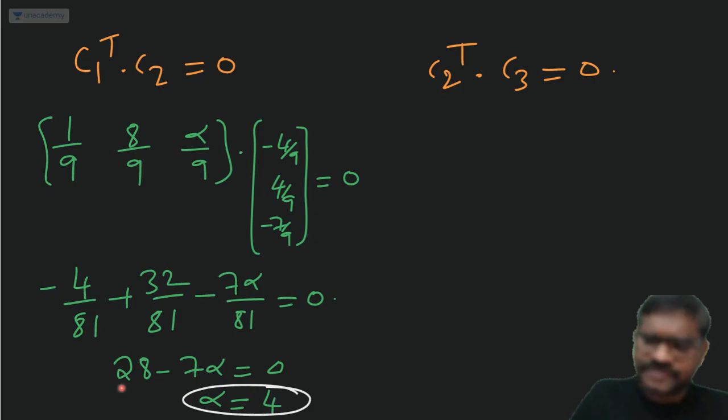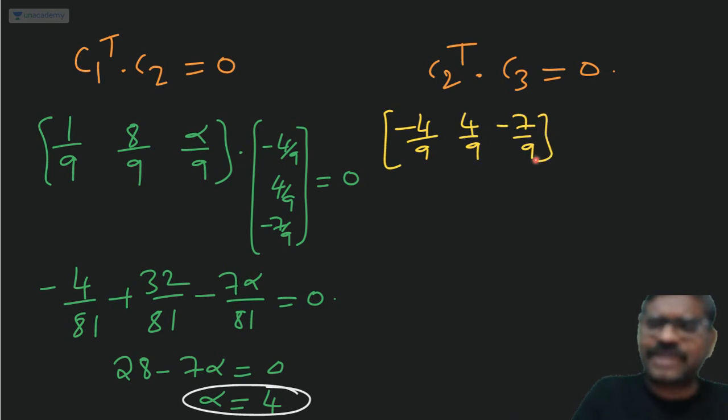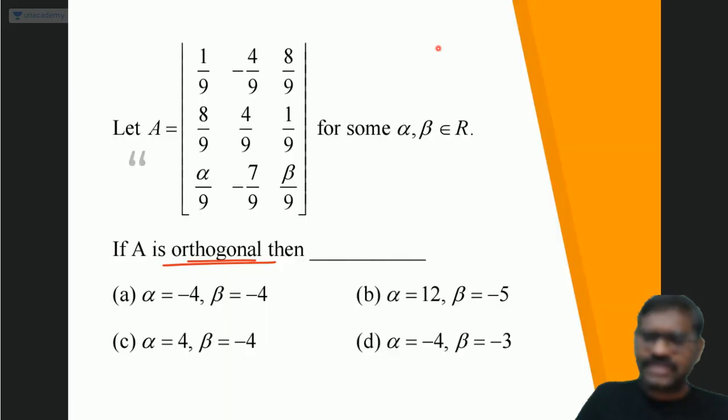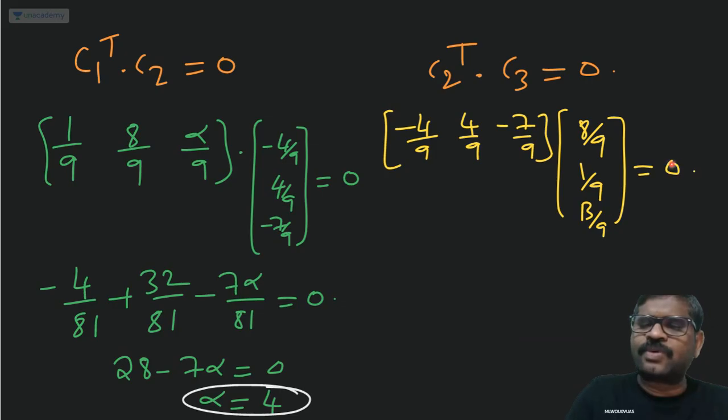Next, C2 transpose dot C3: minus 4 by 9, 4 by 9, minus 7 by 9 dot 8 by 9, 1 by 9, beta by 9 equal to 0. Multiply row with column.